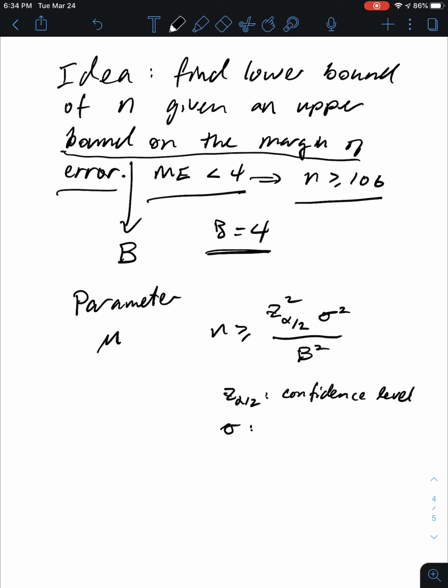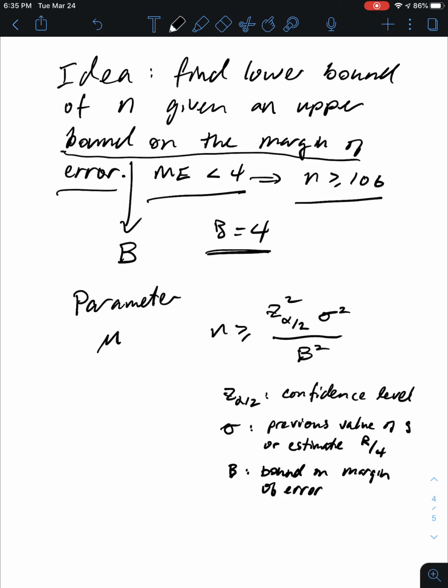You need values for sigma. This comes from a previous value of s, or an estimate like the range divided by 4, and then b is the bound on the margin of error, and it will be specified in the problem.